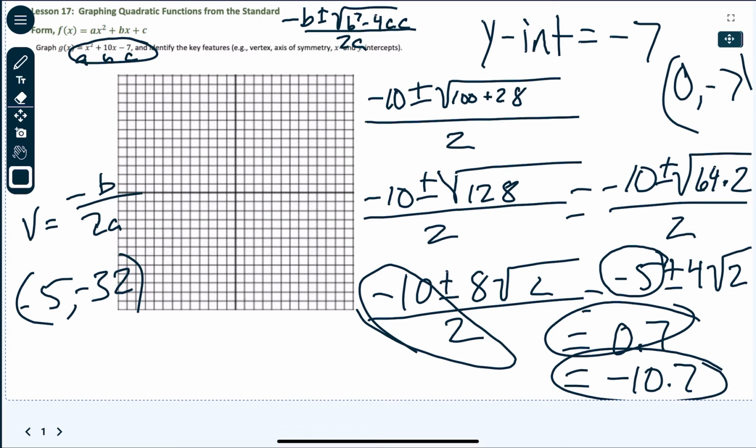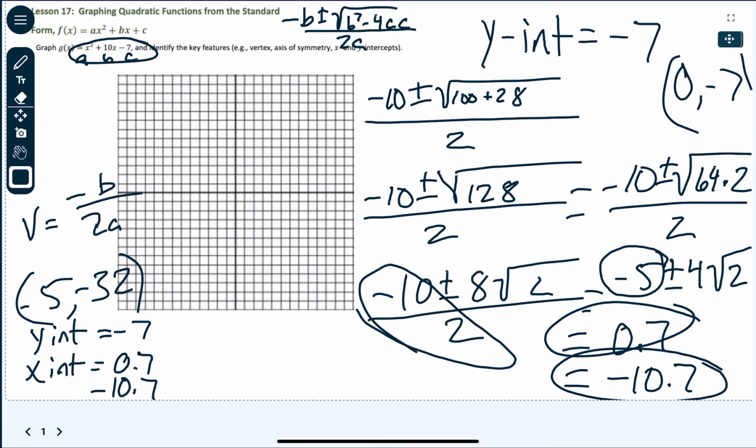All right, so let me rewrite these. Y-intercept is equal to -7. X-intercept is equal to -0.7 and -10.7. Wait a second.